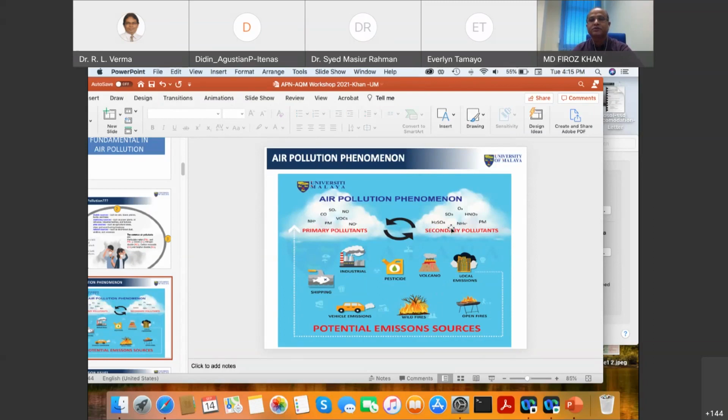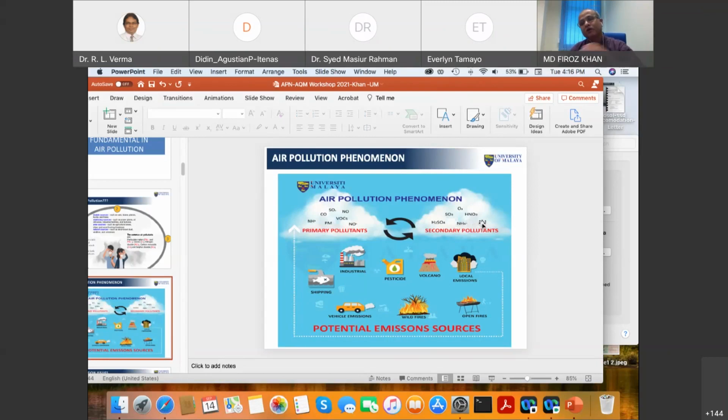Many processes contribute to generating a number of compositions, for example, sulfuric acid, nitric acid, ozone, ammonium, and then some of them also contribute to generating secondary aerosol particles. And one more example is biogenic, for example, isoprene, right?